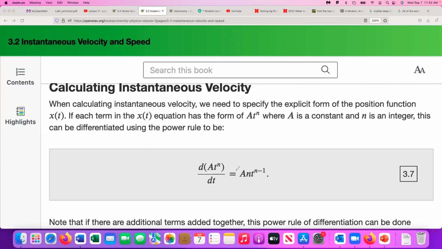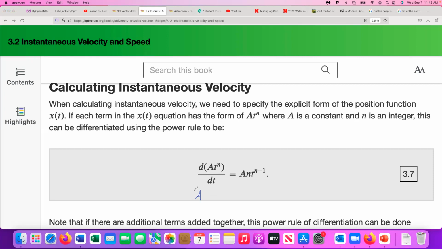So let's actually write this out so you can see what it looks like. So the first step is we bring the a through. The a comes out. Any multiplier constant in front of your polynomial stuff can come out, but it has to come out term by term, not all of them at once.